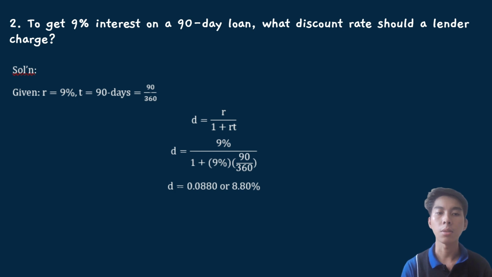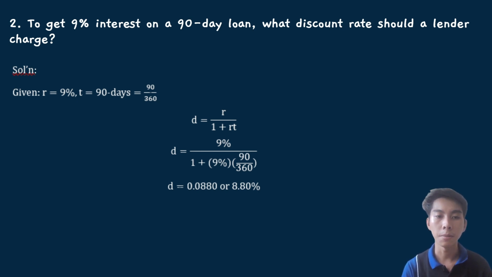Then D is equal to R all over 1 plus RT, which is the formula for finding our discount rate. Then we just simply substitute the given values. So D is equal to 9% over 1 plus 9% times the time, which is 90 over 360.